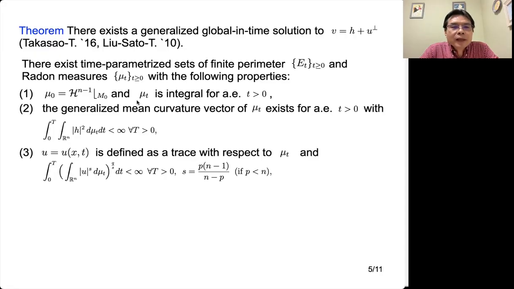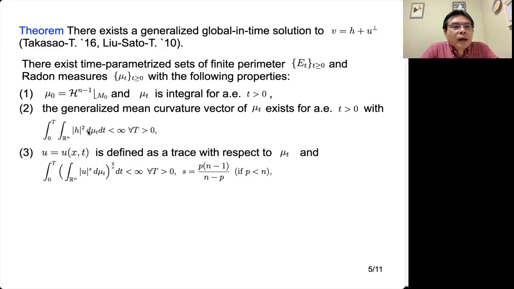This is at least integral, with so-called integer multiplicity, but without going too much into the detail, this is really telling you that for almost all time, this evolving mu_t is really like an (n-1)-dimensional surface measure restricted to an (n-1)-dimensional surface.